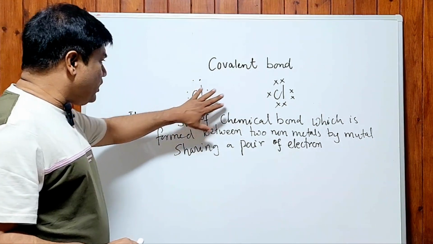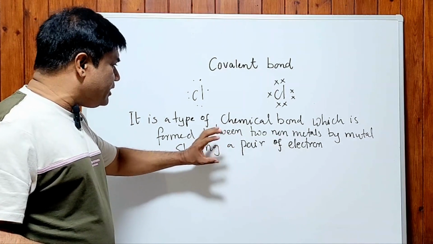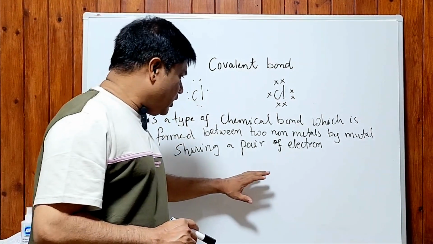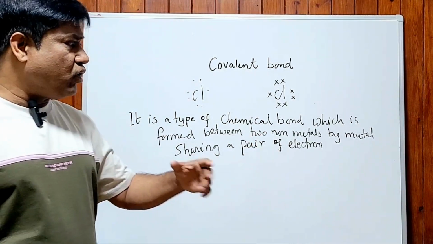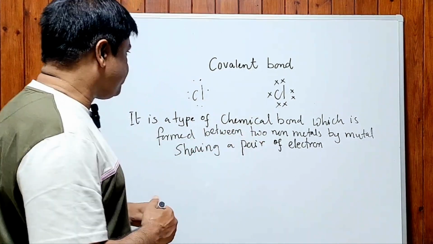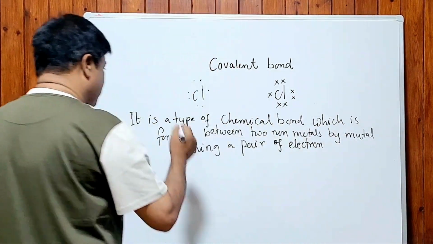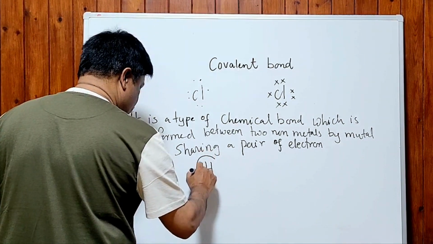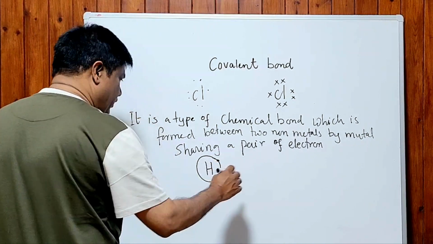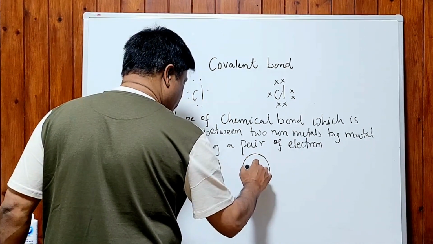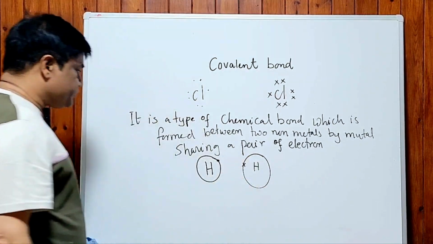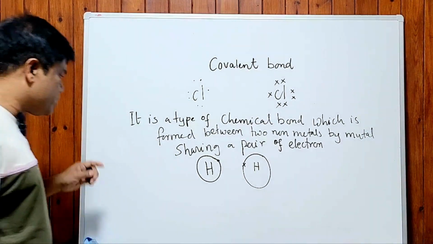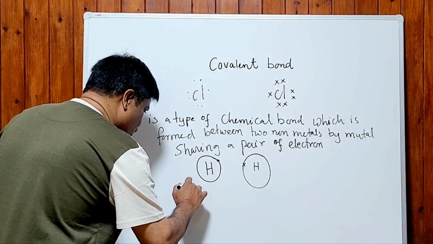Okay, I want to explain a bit in detail. Atoms or any element have shells. For example, I want to take the easy one, hydrogen. Hydrogen has 1 electron in its outer shell, and this hydrogen also has 1 electron in its outer shell. What's the electronic configuration? 1s1.